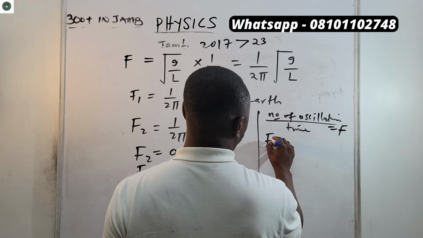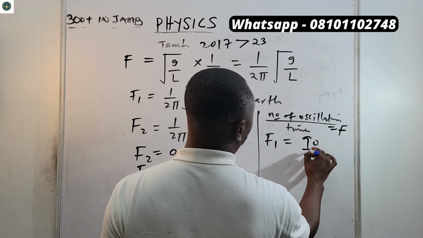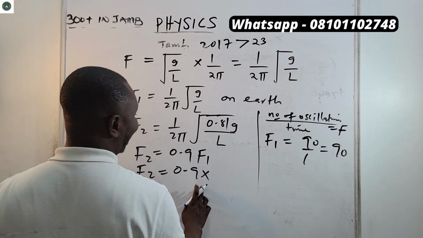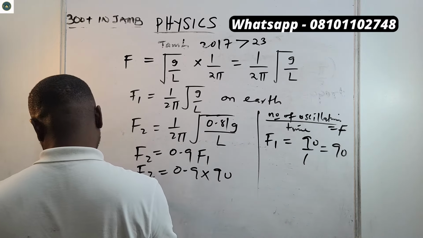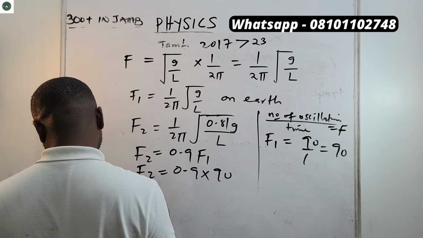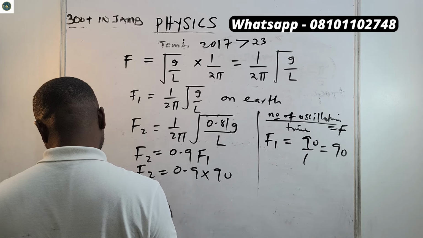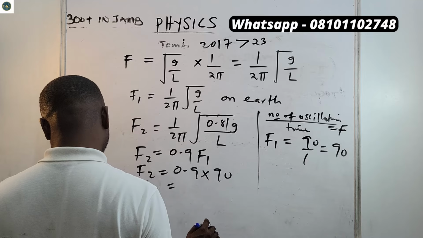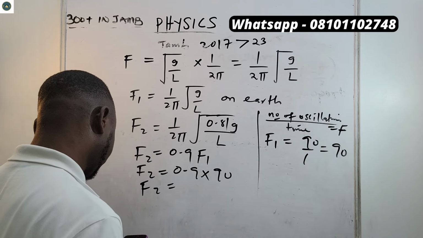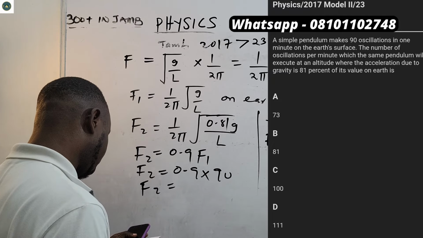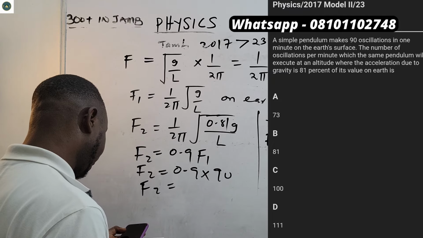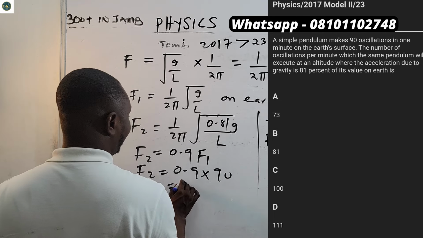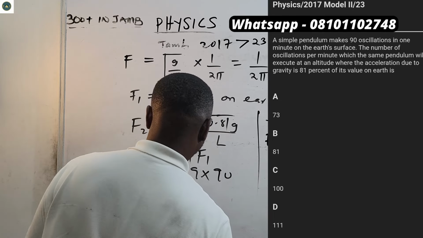So F1 is just 90 over 1, so you have 90. So therefore, F2 is 0.9 times 90. So if you check your options, F2, you have 81 per minute. So which of the options is there? A is 73, B is 81, C is 100. So you have 81.